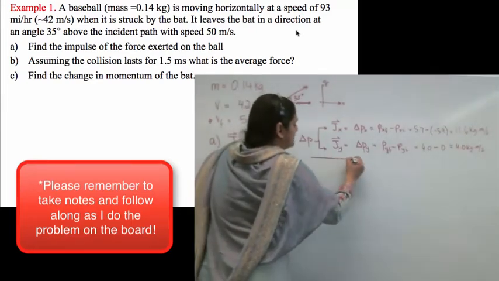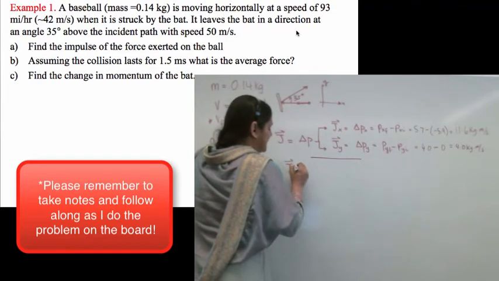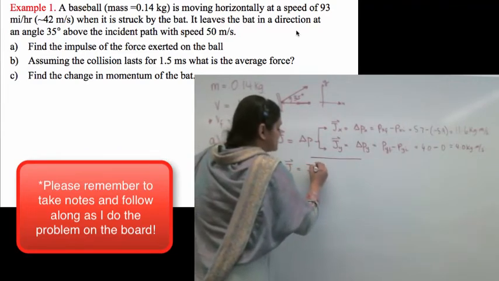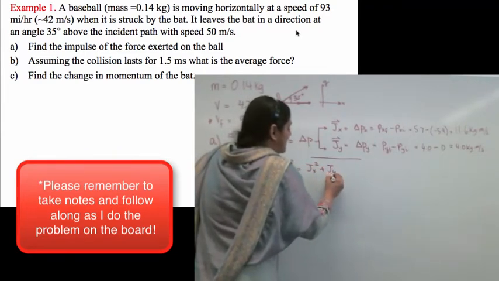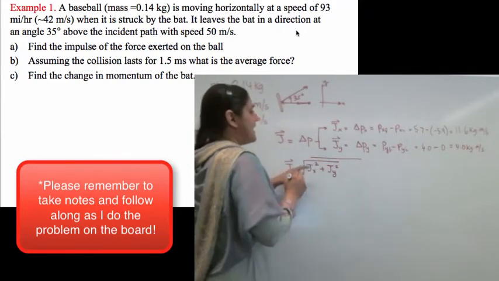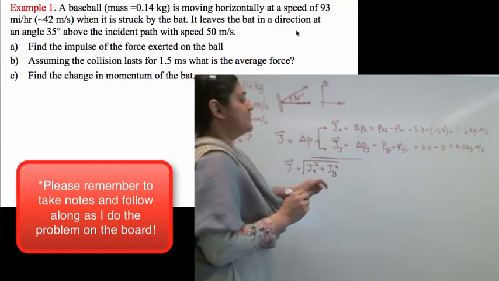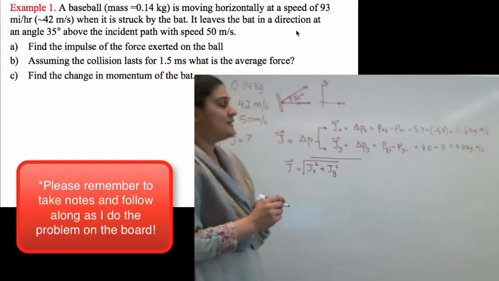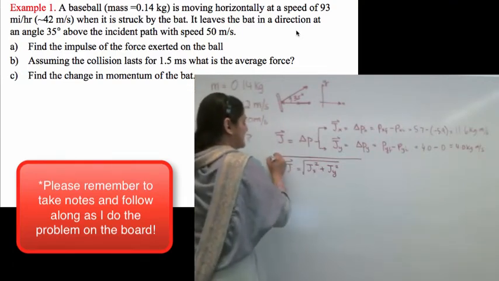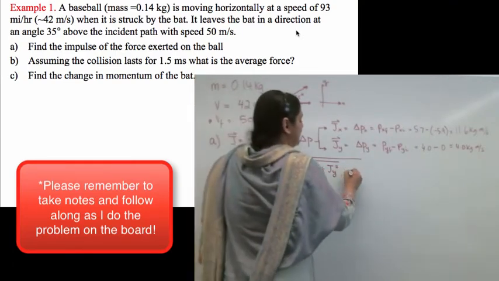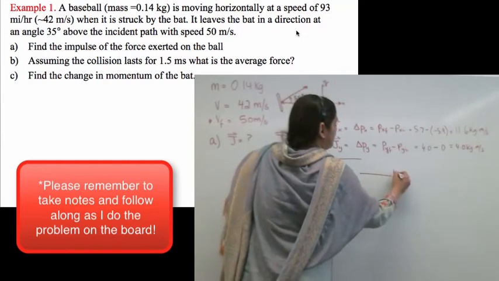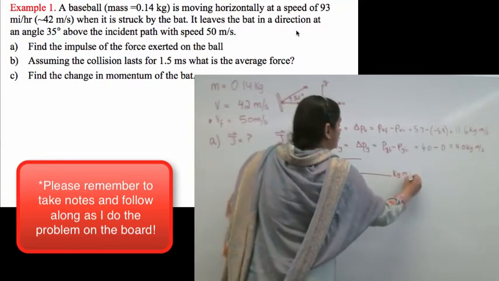Absolutely. So my total J will be equal to the square root of Jx squared plus Jy squared. I have a value for Jx, I have a value for Jy, I can plug them in and solve, and that's how you're going to find the total value of J. And it's going to be in kilograms meters per second.